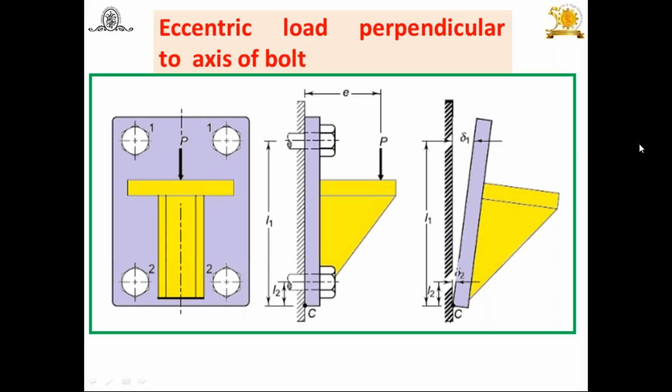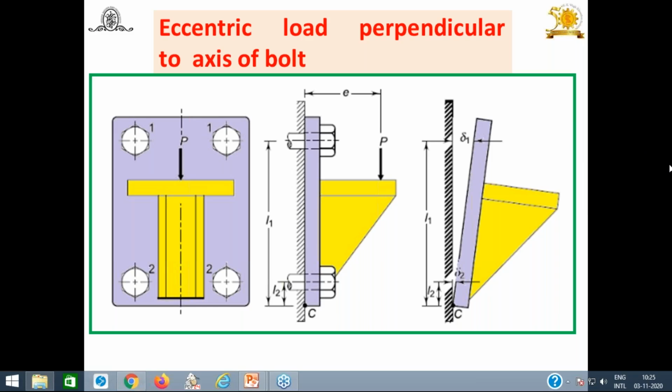Try to understand. Last time Professor Patil discussed the eccentric load condition when subjected to the load P, and the fundamentals of eccentric load we studied in the static load design. Again, we are going to study the same fundamentals in welded joints also. How to attack such an eccentric load problem?